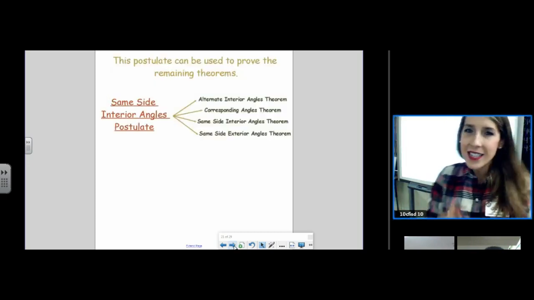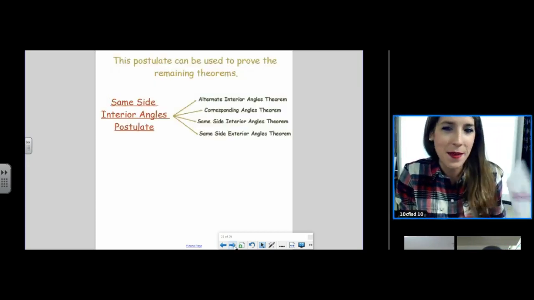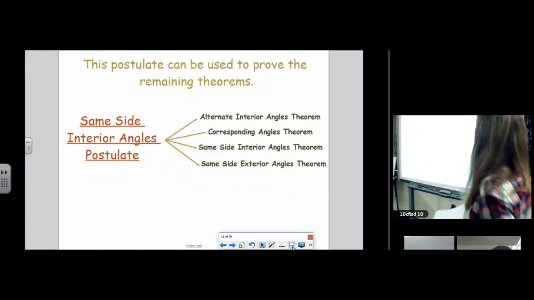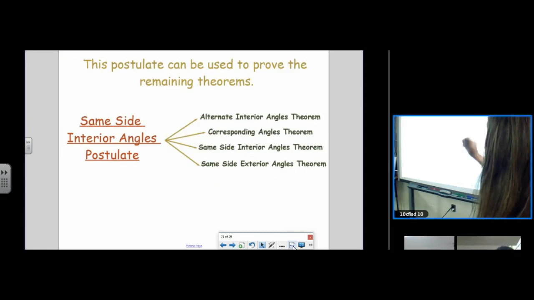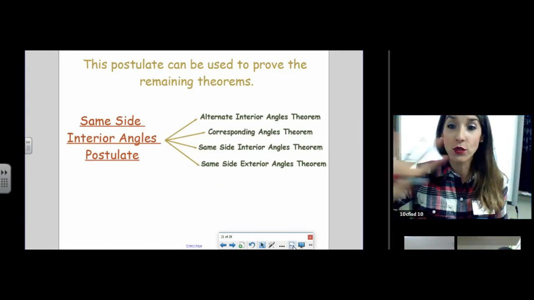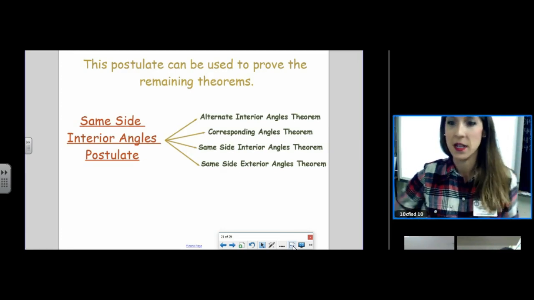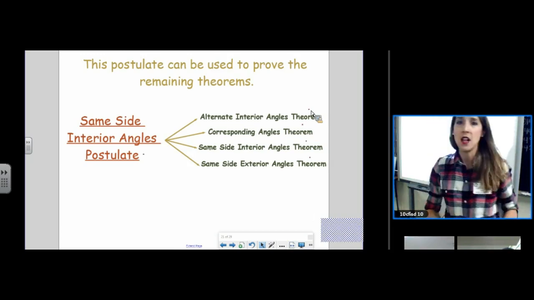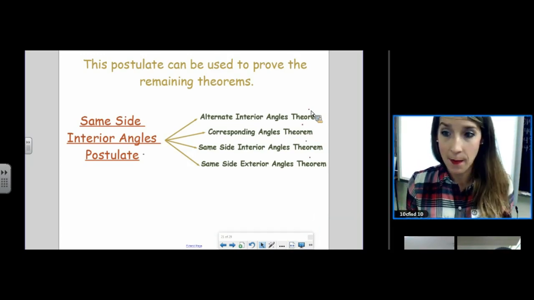This isn't a big deal. I just want you to know about it because it's really mathy and nerdy. The same side interior one is called a postulate, and you use that postulate to prove all the other theorems. So all of these are called theorems, and this one's called a postulate. Miss Tanton will never be picky about that, though.